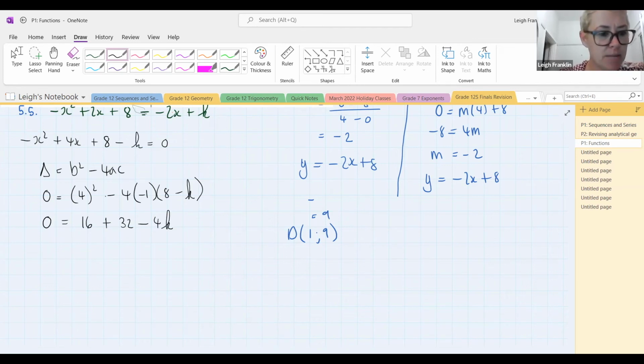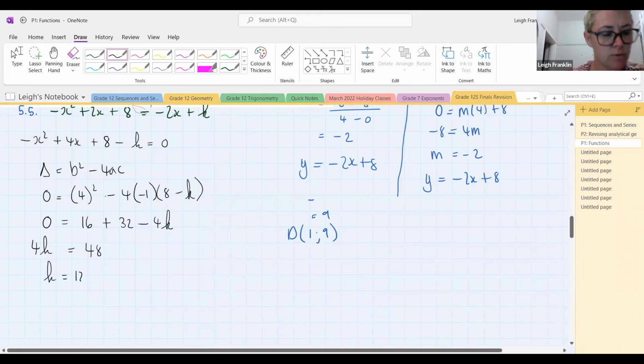Then I'm going to take my 4k over to the other side. 16 and 32 is going to leave me with 48. And I'm going to divide both sides by 4. And k is going to be equal to 12 in this case.